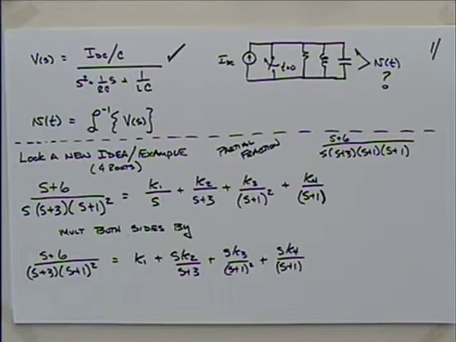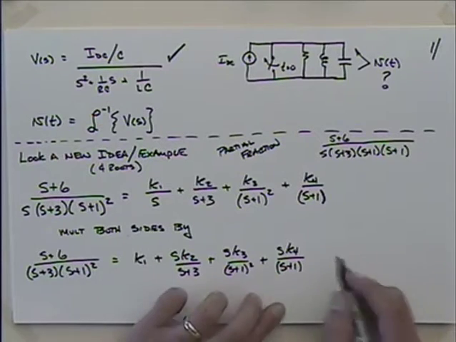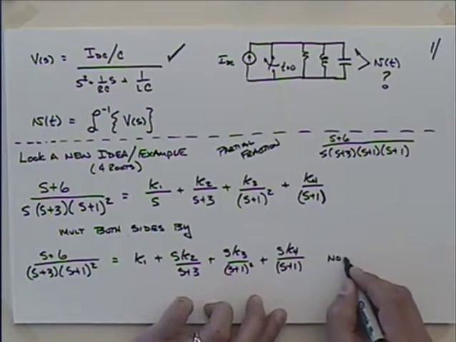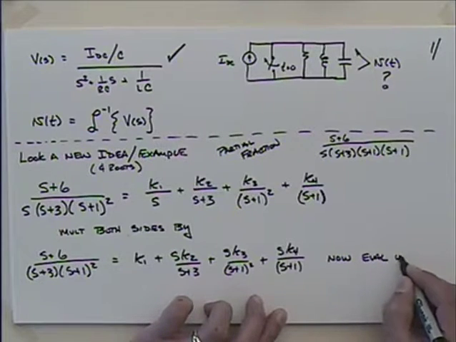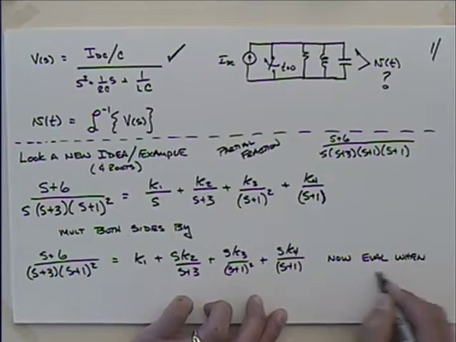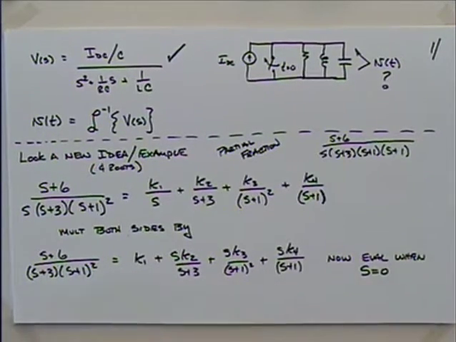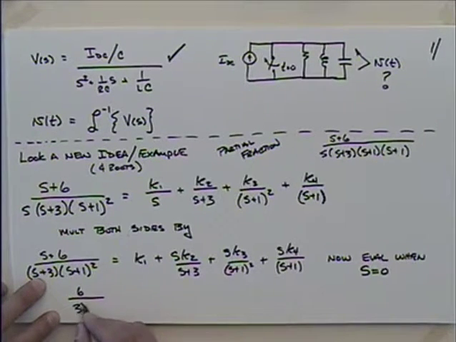Okay, and let's see. I'm going to evaluate this when s is equal to 0. So if s is equal to 0, I come up with a 6 in the numerator, and then 3 times 1 squared.